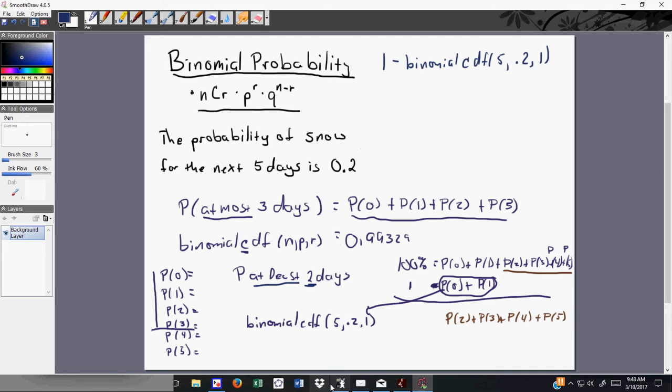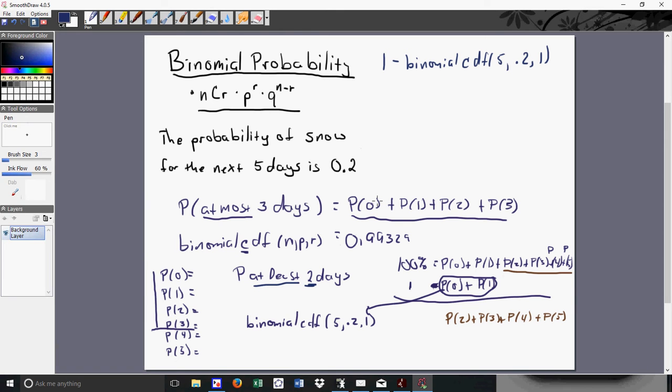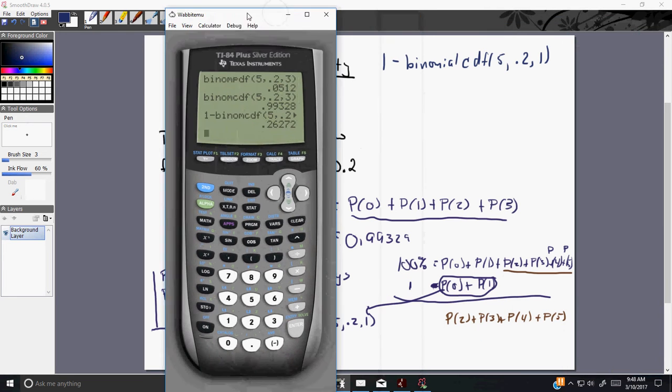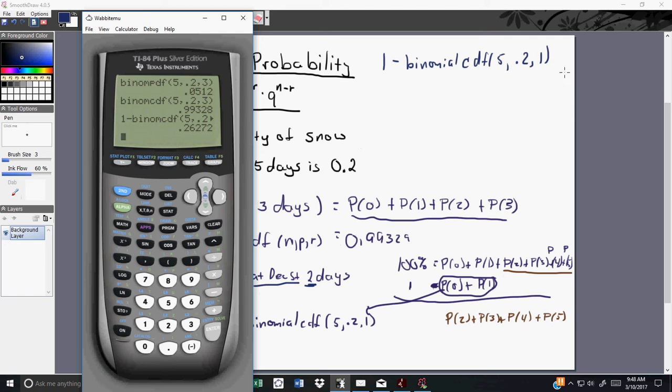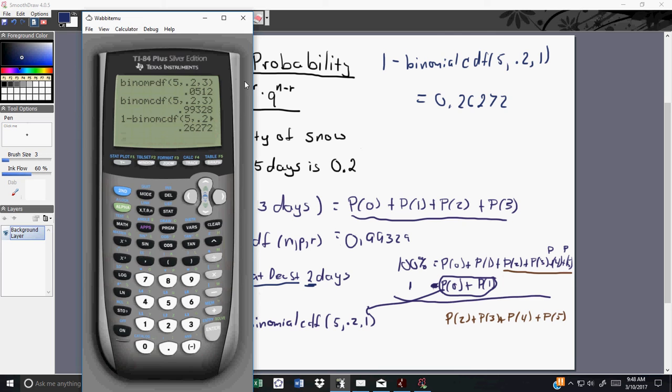So let's see. I'm going to go to my graphic calculator and see what happens. I'm going to do 1 minus the binomial CDF of 5, 0.2, and 1. And when I do that, I get 0.26272. Let's see, 26272. Good. All right.